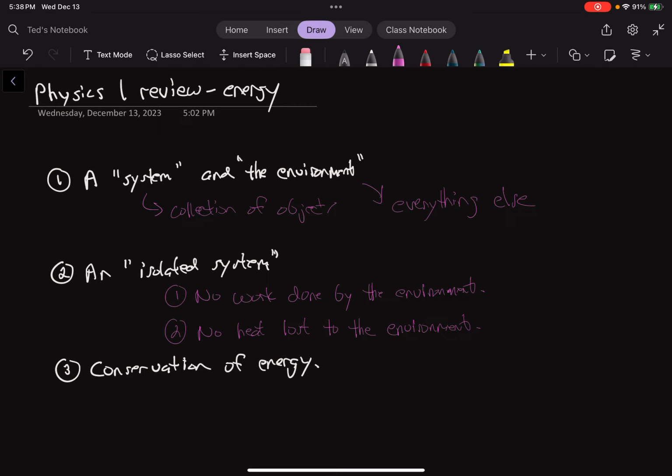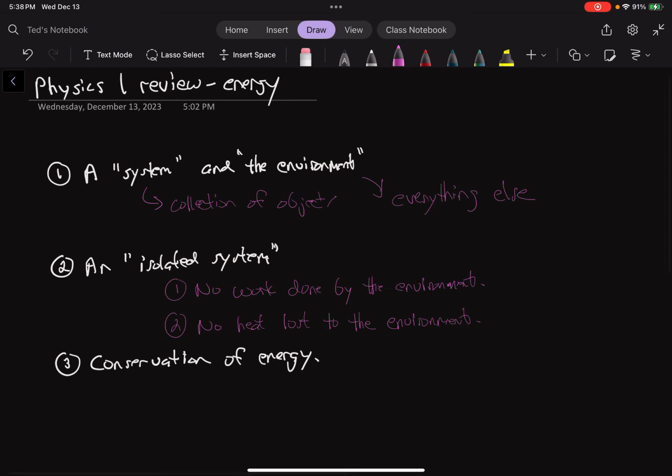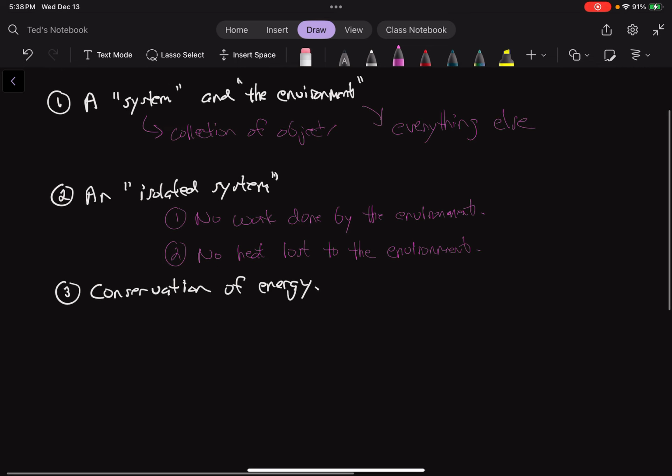Okay, but if it is an isolated system, then what that means is that the energy of our system will not change. Now, this becomes an important problem-solving tool when we consider we have this system, right?